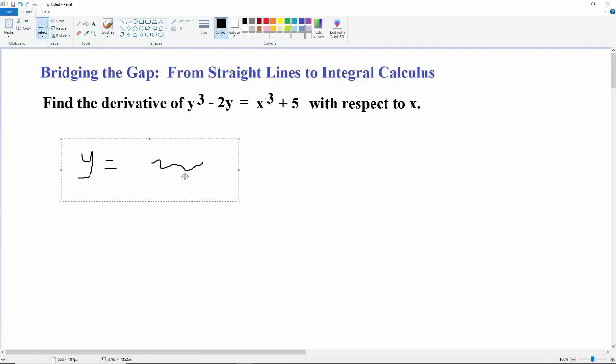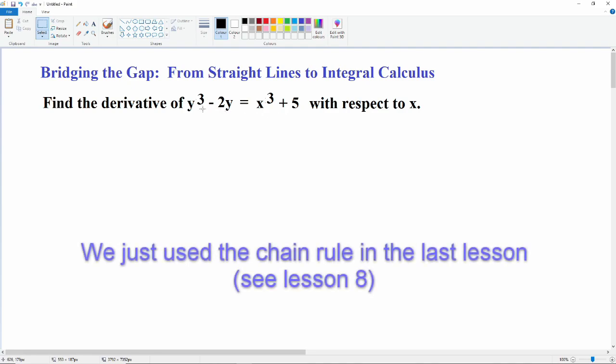A better way is what we call implicit differentiation, and we can take advantage of the chain rule that we just used. We have to remember that y varies with respect to x, so y is a function of x.